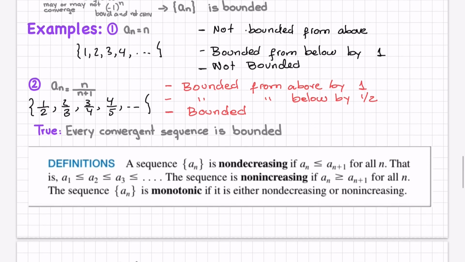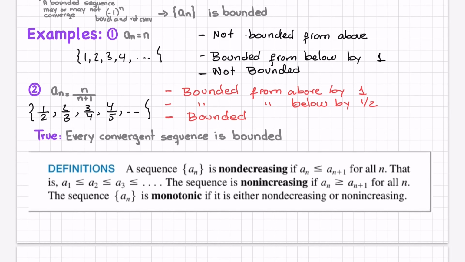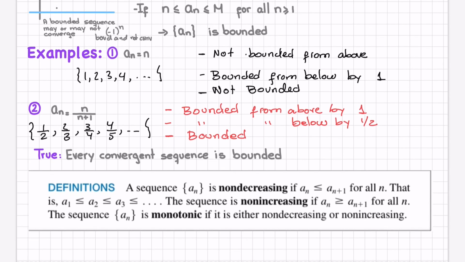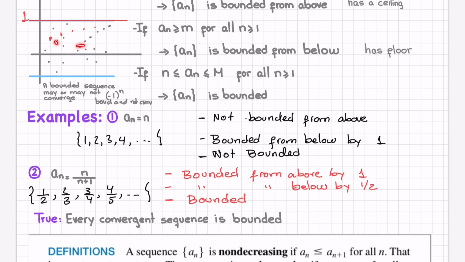So, every convergent sequence is bounded. This is true. Imagine if it's converging, it's because as you go to infinity, it is approaching a number. Remember, we're starting from 1, then 2, then 3. If it's bounded from above, and that is really far here or here, it doesn't matter. What matters is what happens from one point on.